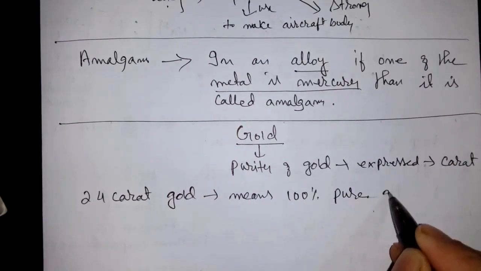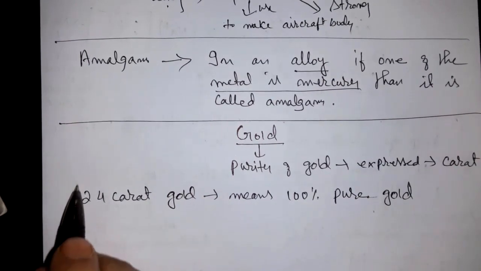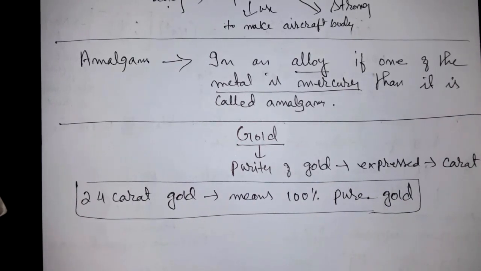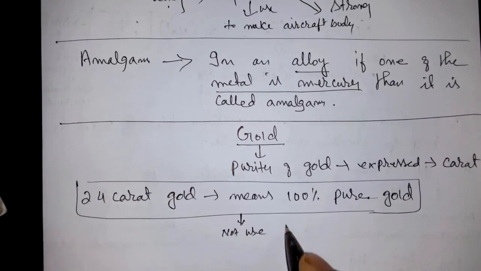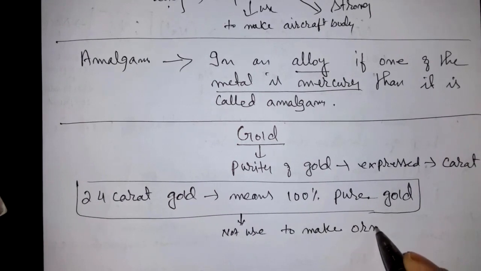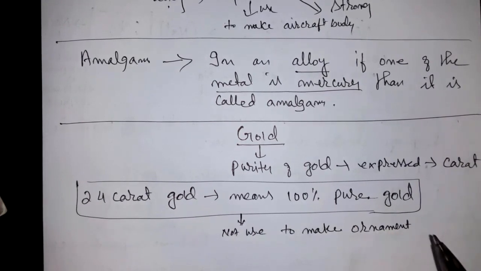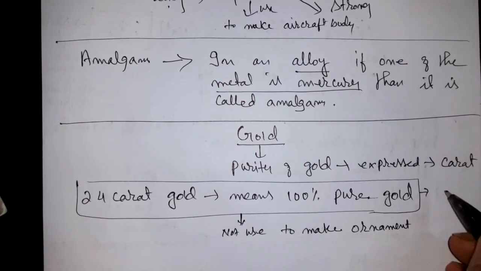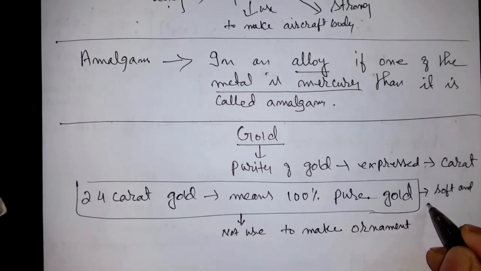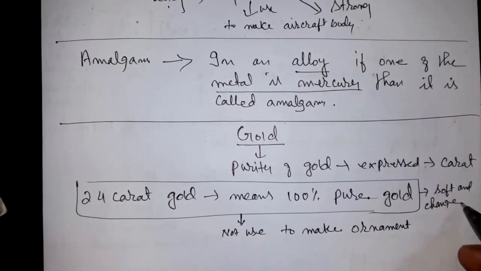100% pure gold. Now, this kind of 100% pure gold is never used to make ornament, because this gold is soft and changes shape easily.